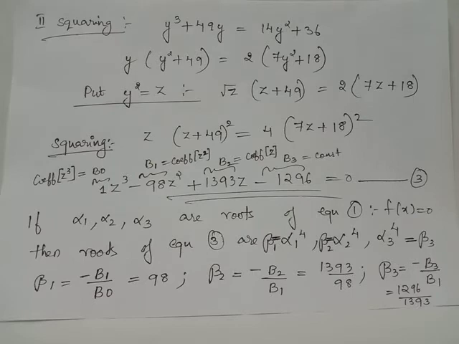Having obtained roots of equation 3, which are beta 1, beta 2 and beta 3, in order to find alpha 1, alpha 2, alpha 3, which are the roots of equation 1 given by f of x equals 0, we have to raise beta 1, beta 2 and beta 3 to the power 1 by 4, so that absolute value of alpha 1 equals beta 1 the whole raised to 1 by 4, absolute value of alpha 2 equals beta 2 the whole raised to 1 by 4 and absolute value of alpha 3 equals beta 3 the whole raised to 1 by 4.